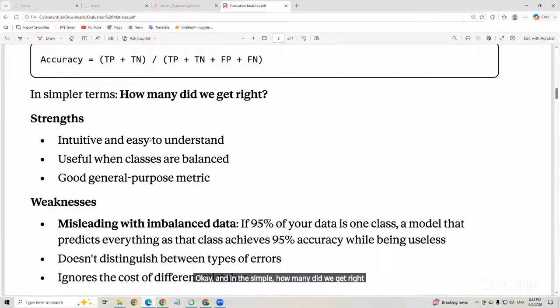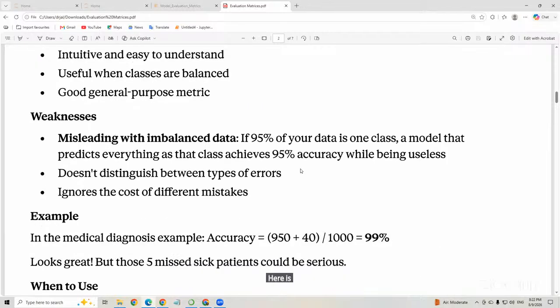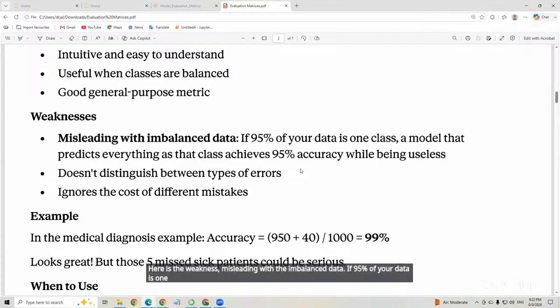So this is the strength: intuitive and easy to understand, useful when classes are balanced, and a good general purpose metric. Here is the weakness: misleading with imbalanced data. If 95% of your data is one class, a model that predicts everything as that class achieves 95% accuracy while being useless.